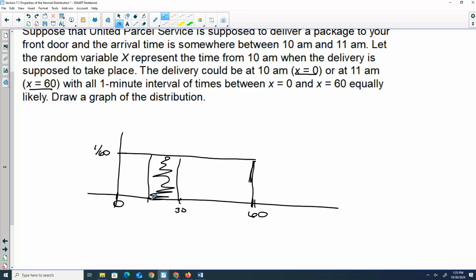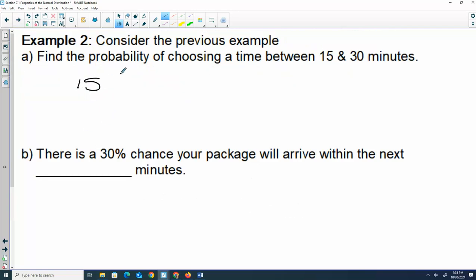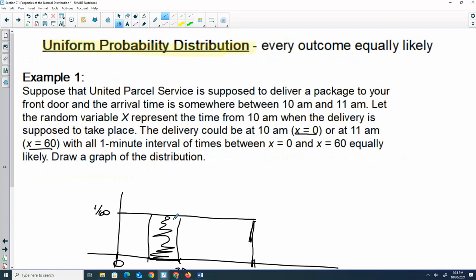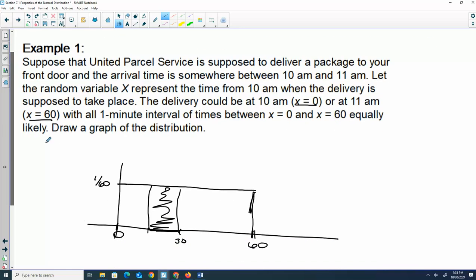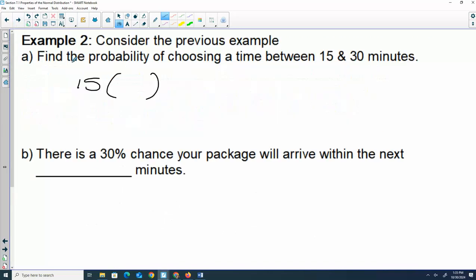So the length between 15 and 30 minutes is 15, times what's the height of my rectangle? 1 out of 60. So if you're going to be in that 15-minute window, 15 times 1 out of 60 gives us 0.25. So there is a 25% chance they show up in that 15-minute interval. All right. Questions on that?